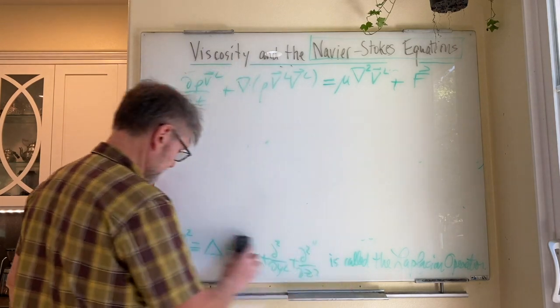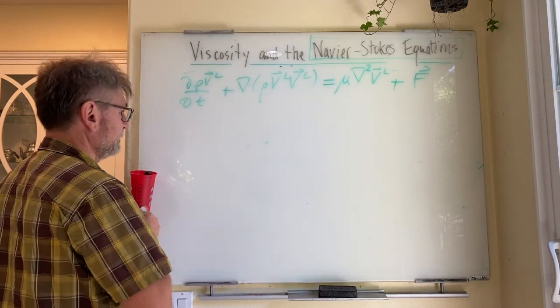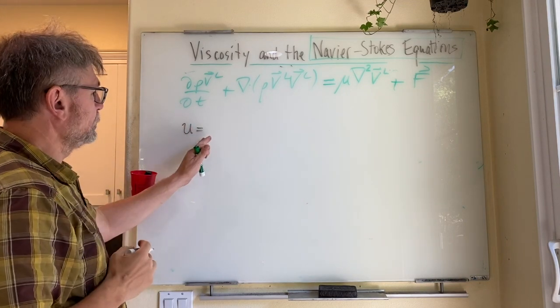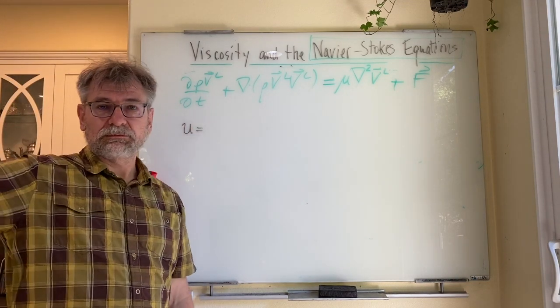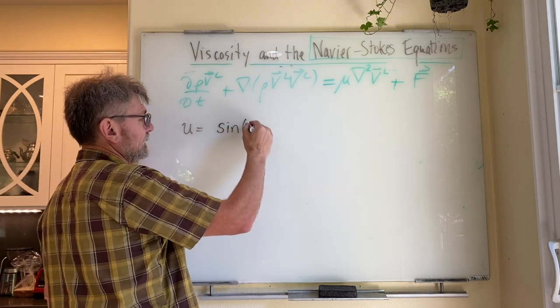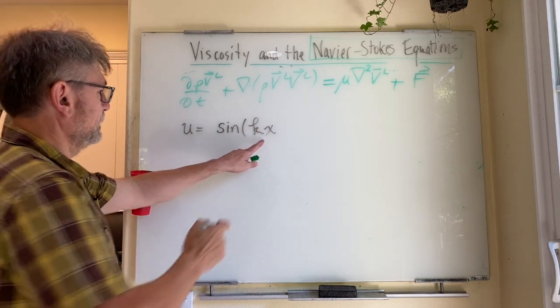So the way to think about this is to imagine that we take one component of V, the first one, U, and suppose that U has a sinusoidal wave. So U is equal to sine kx. Let's pretend it just goes in the x direction.